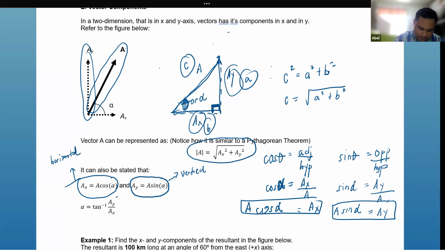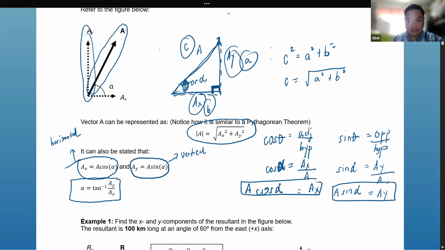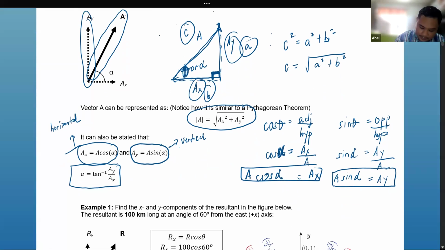Now, how about this one? This is the formula for the angle. If you can recall from SOHCAHTOA, tangent theta is equal to opposite over adjacent.